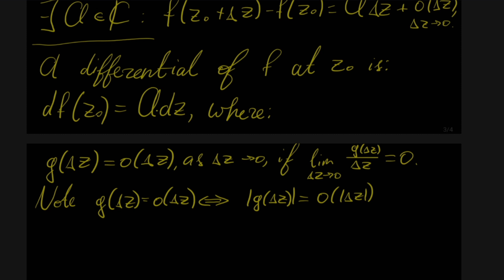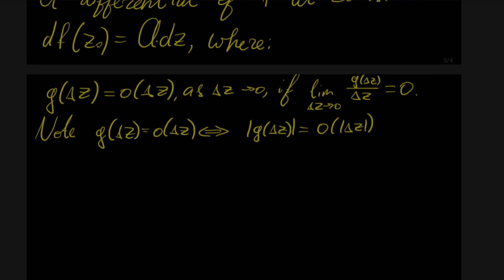We also define small o notation, so we define g of delta z as a small o of delta z using the limit, which is also similar to real-valued ones. We also say that a function being a small o of delta z is equivalent to its absolute value being a small o of the modulus of delta z.